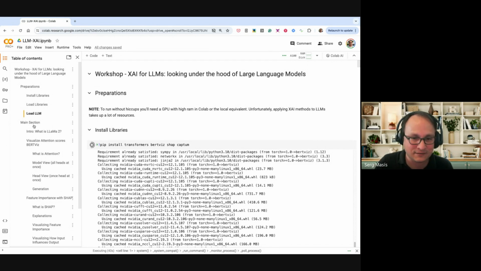Then we go to the main section. First I'll discuss quickly what is Llama 2. Obviously, it's a large language model, but I'll go a little bit beyond that. Then how to visualize attention scores with BERTviz, and then feature importance with SHAP.